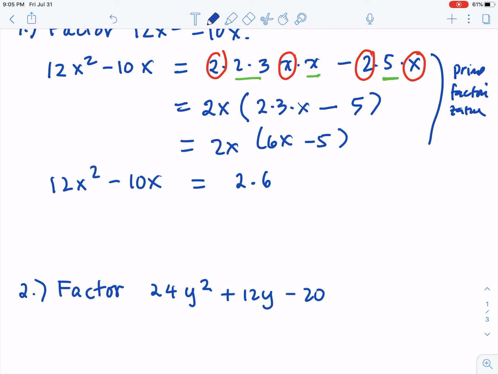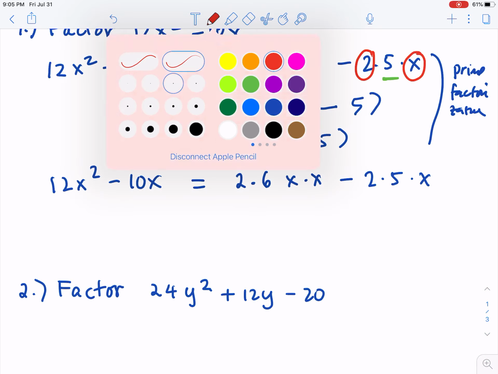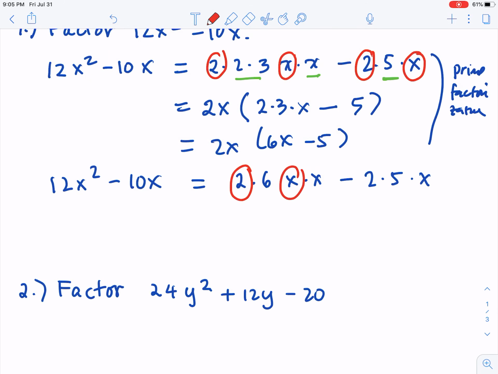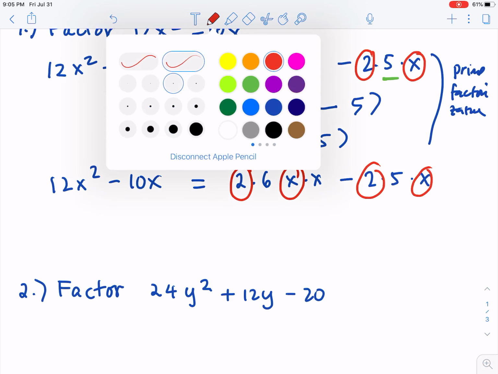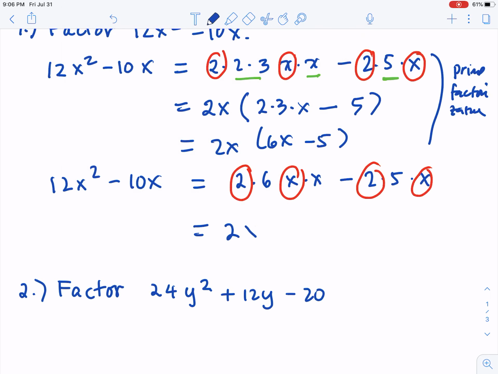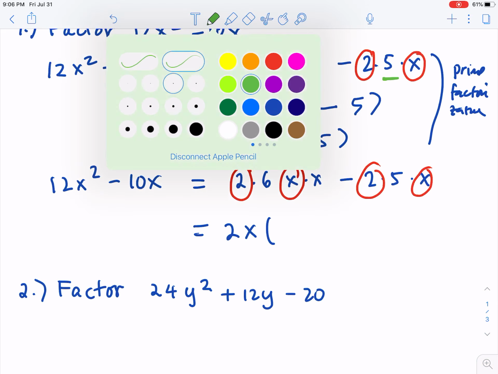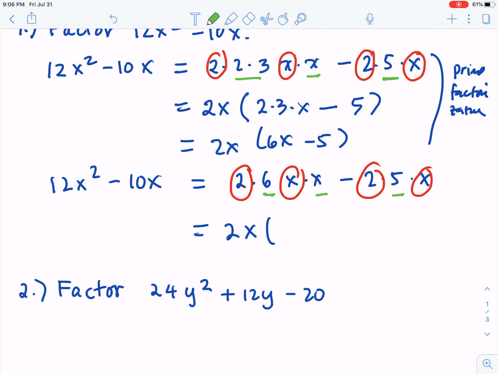Tapos, ano ang GCF ng x saka x squared? X, di ba? So, this is minus 2 times 5 times x. Common yung x kanila, di ba? So, ibig sabihin, ang common ay 2 at saka x. Which means, pag nilabas natin, ang matitira ay 6x tsaka 5. So, this is 6x minus 5. Which is pareho naman doon sa sagot natin sa una.